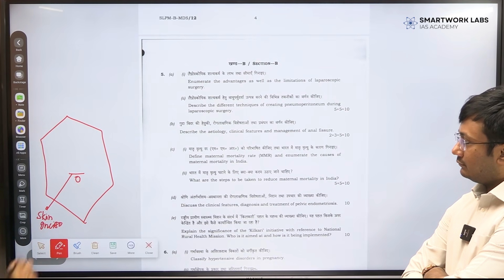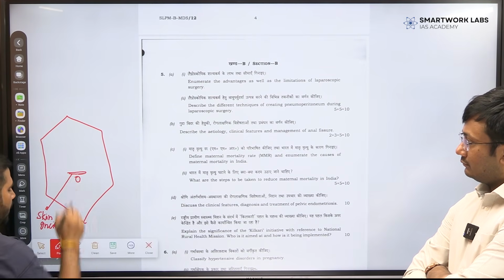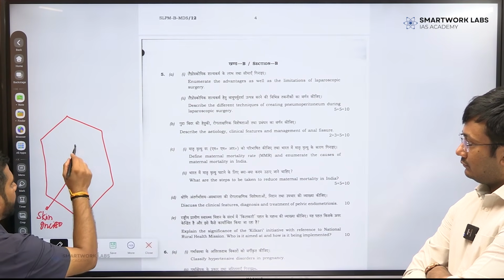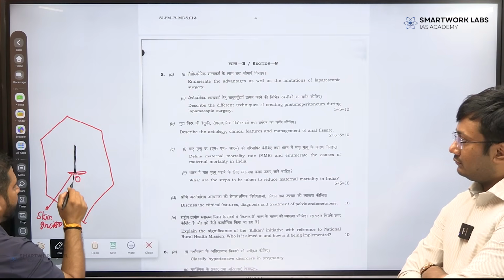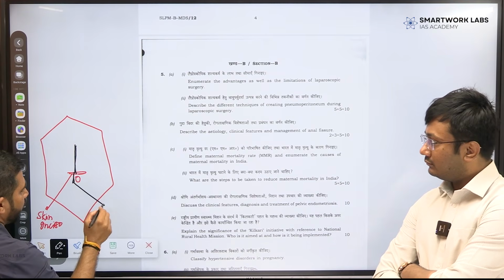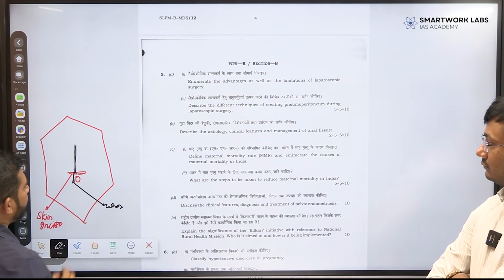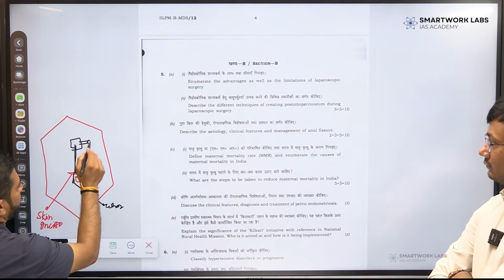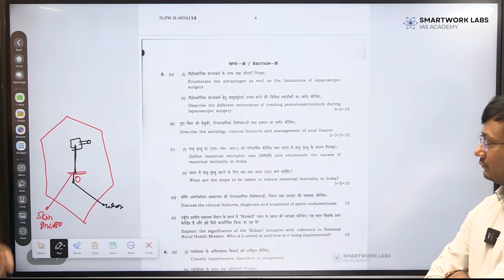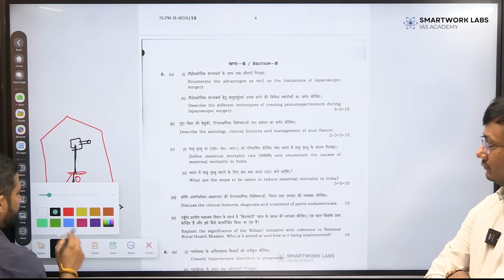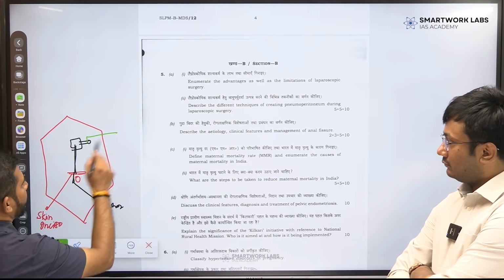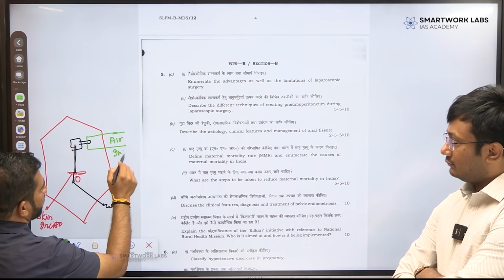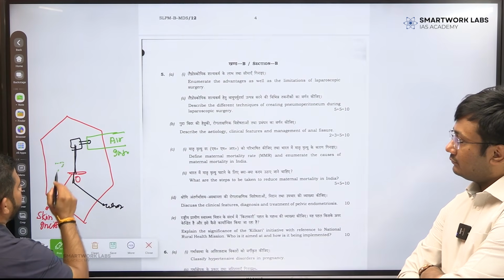Give a skin incision and apply a needle and create a minute hole. After applying the needle, there is a cannula and there is a channel. To this channel, you connect the air insufflator and this will create pneumoperitoneum.